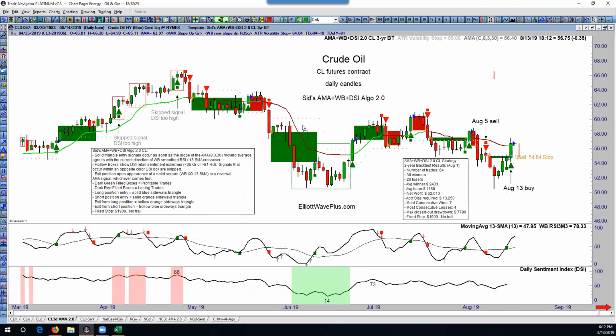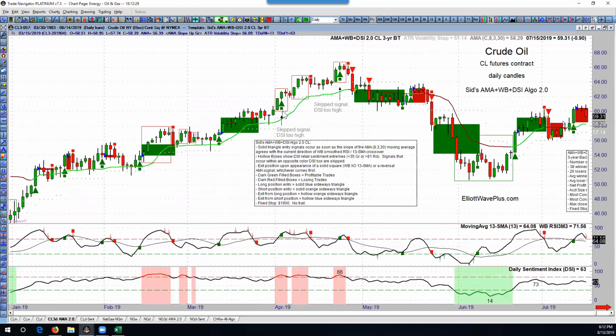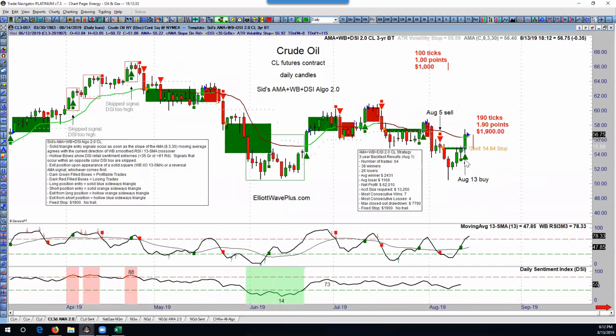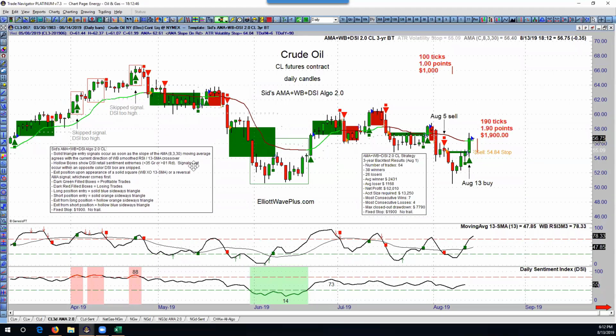And you'll see when you look back on the way the algo trades, the green boxes are always bigger than the red boxes because they theoretically have no limit. They'll continue to stick with a trade until there's a loss of momentum. And so once in a while you get just an incredible winner.